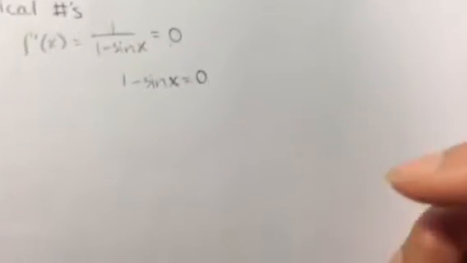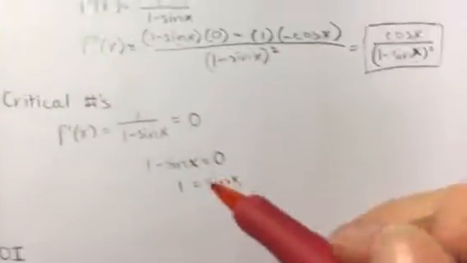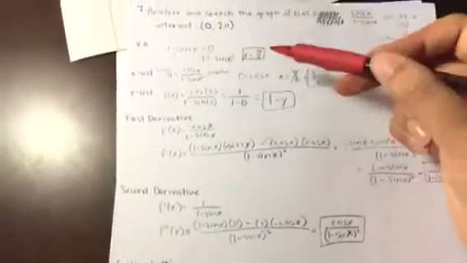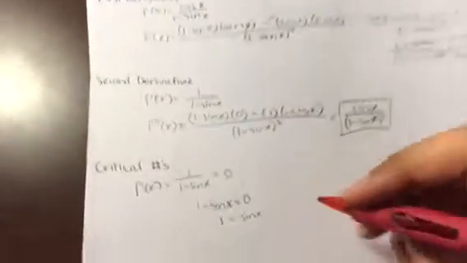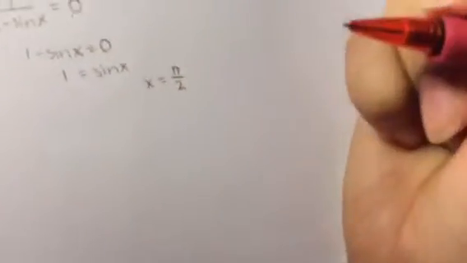So 1 minus sine x equals 0. And then we'll solve this: you add sine x to the other side, 1 equals sine x. We did this similar thing for the vertical asymptote, so we know that the critical number will be at x equals pi over 2.